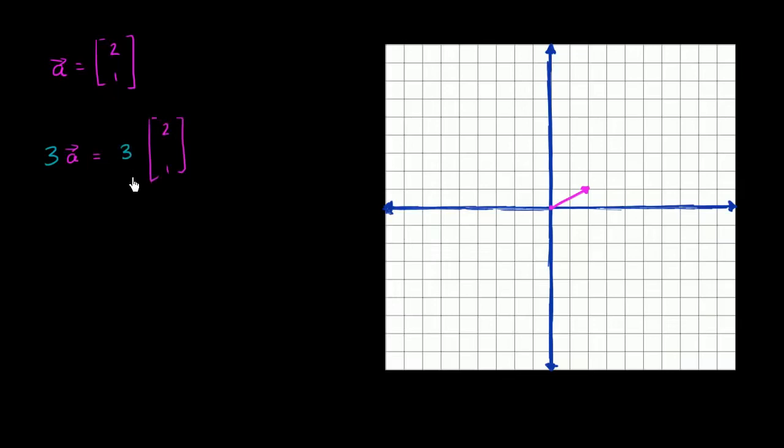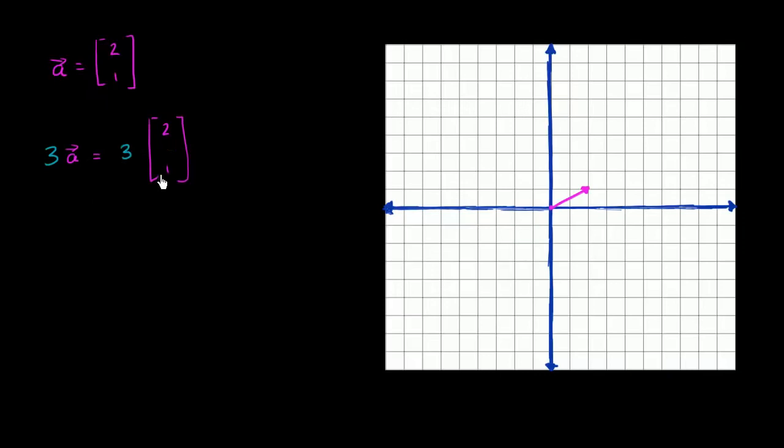So 3 is just a number. One way to think about a scalar quantity is that it is just a number. Versus a vector, this is giving you how much you're moving in the various directions right over here. It's giving you both a magnitude and a direction, while this is just a plain number right over here.